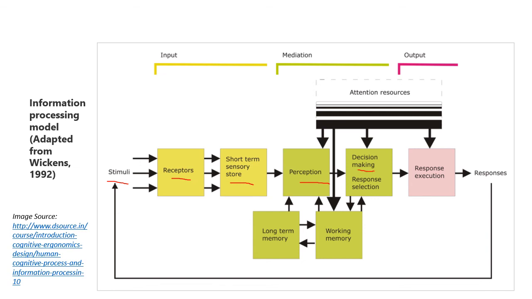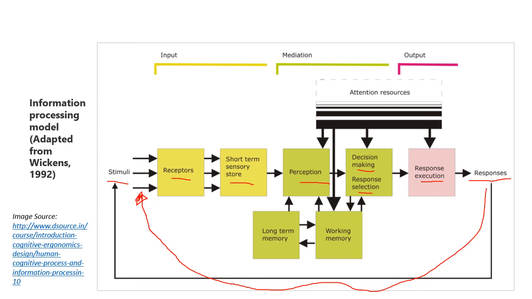Once the decision is made, we select what response to give for this particular stimulus, and then we do the response execution, leading to the responses. When we respond back to the environment, it affects the environment, and that again feeds into the stimuli and back to the receptors. So this whole thing is called the feedback.